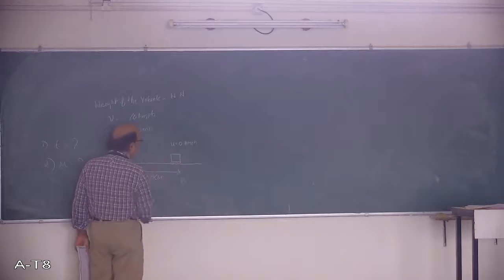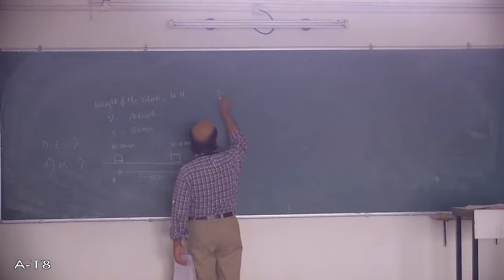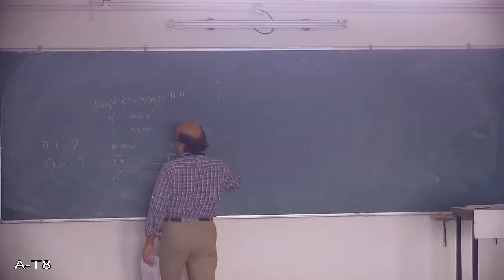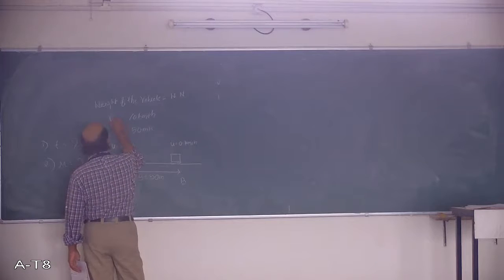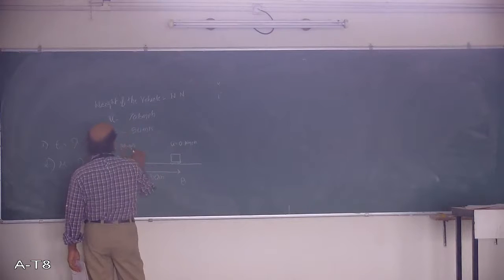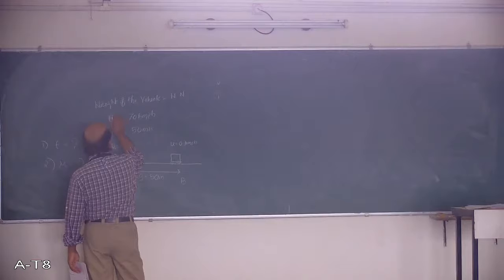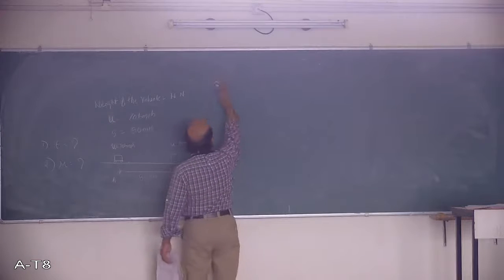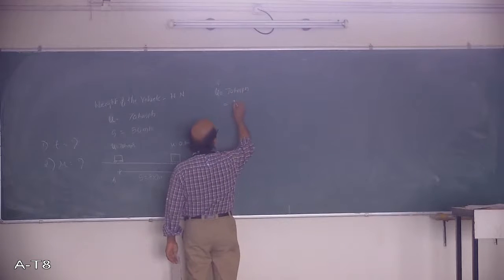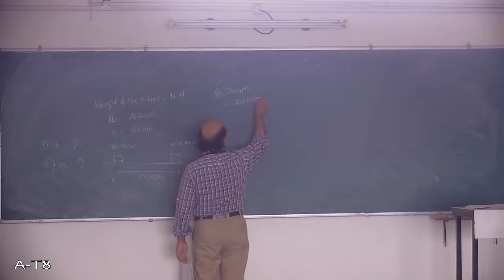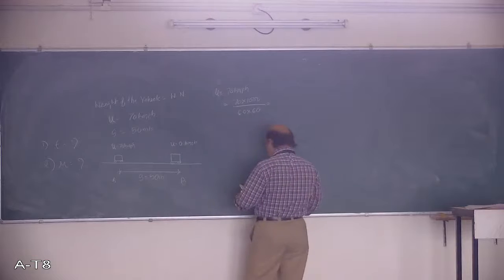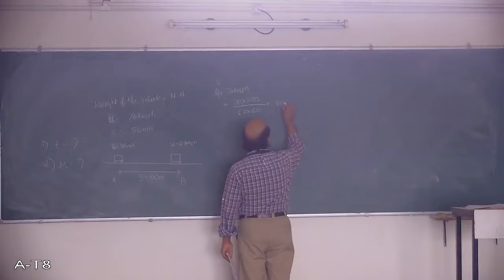So first, convert the initial velocity. I will take it as initial velocity U, equal to 70 kilometers per hour, and you convert it into meters per second. 70 into 1000 divided by 3600 works out roughly to 19.44 meters per second.